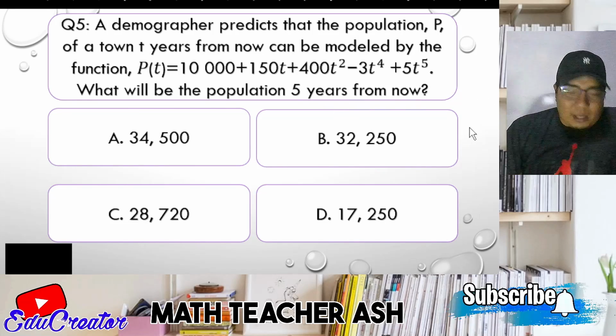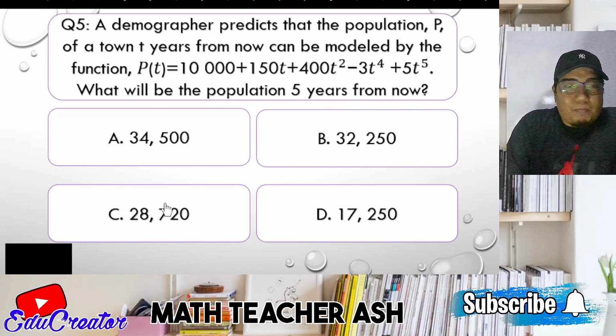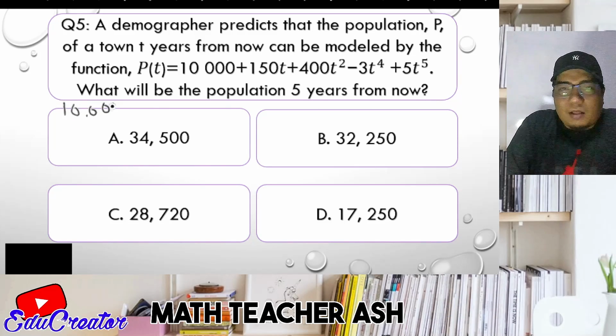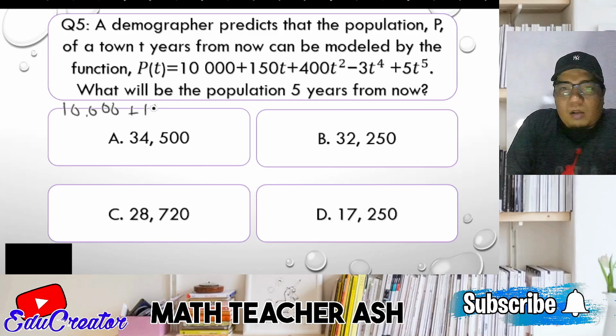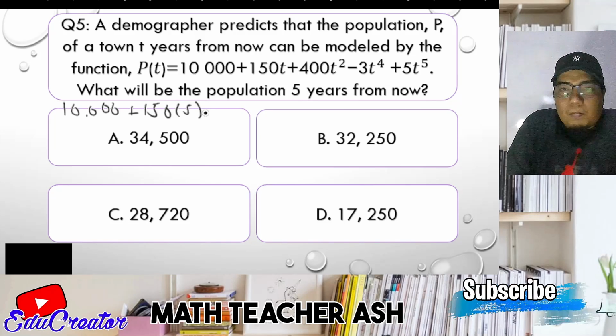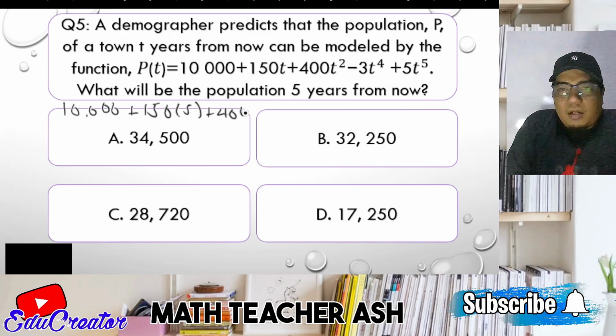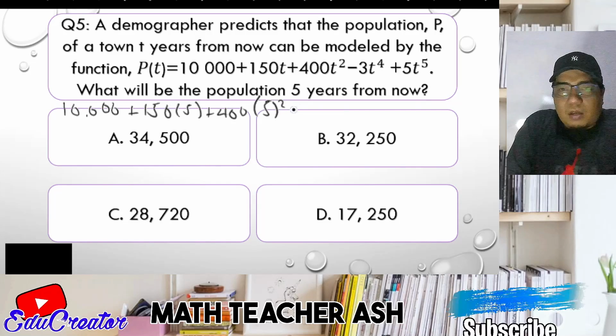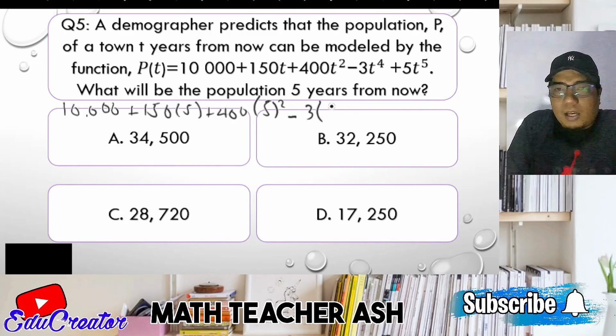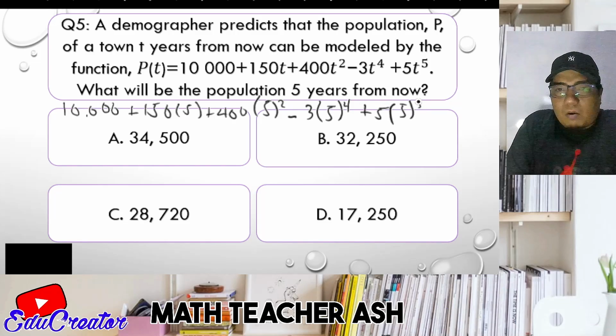So, in that case, let us try to solve this problem. So first, let us write 10,000 here. Plus 150 times 5 plus 400 times 5 squared. Minus 3 times 5 to the 4th. Plus 5 times 5 to the power of 5.